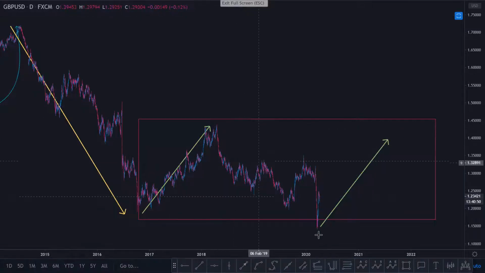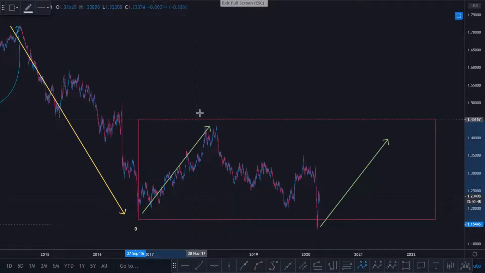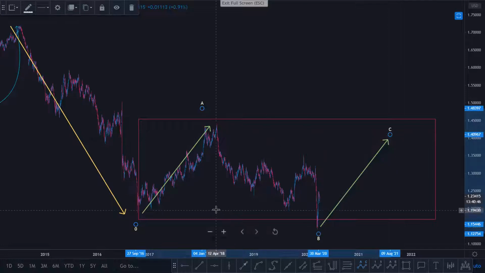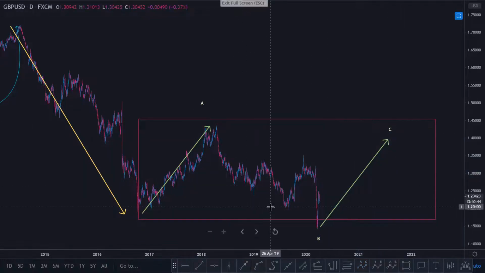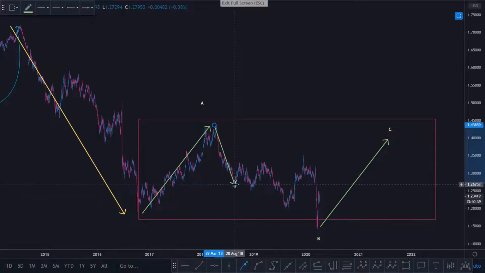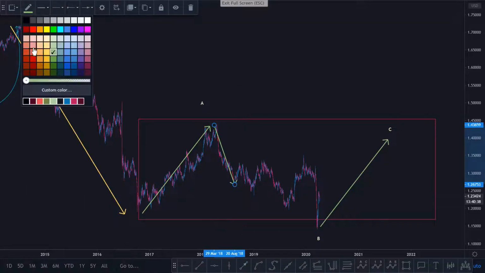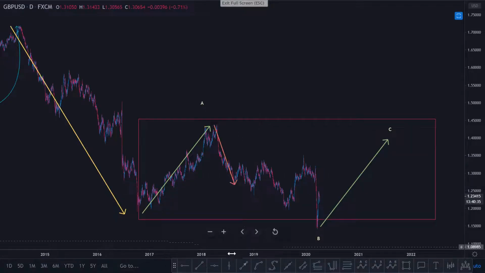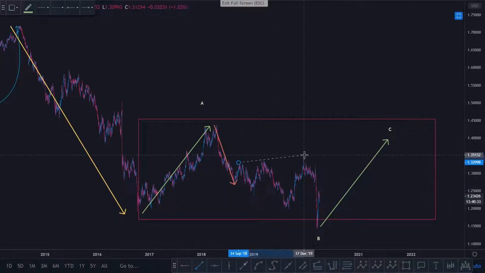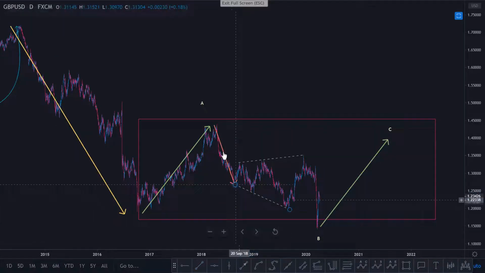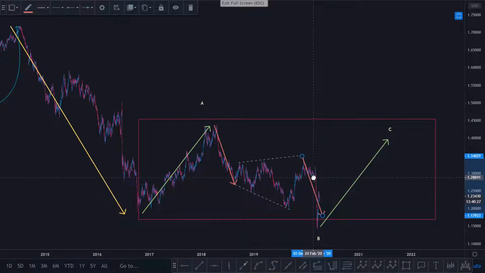And delving into what this is, A, B, C. Delving into this middle section, which is the B wave, you would find this too can be broken down into an impulse, an expanding triangle, and an impulse.